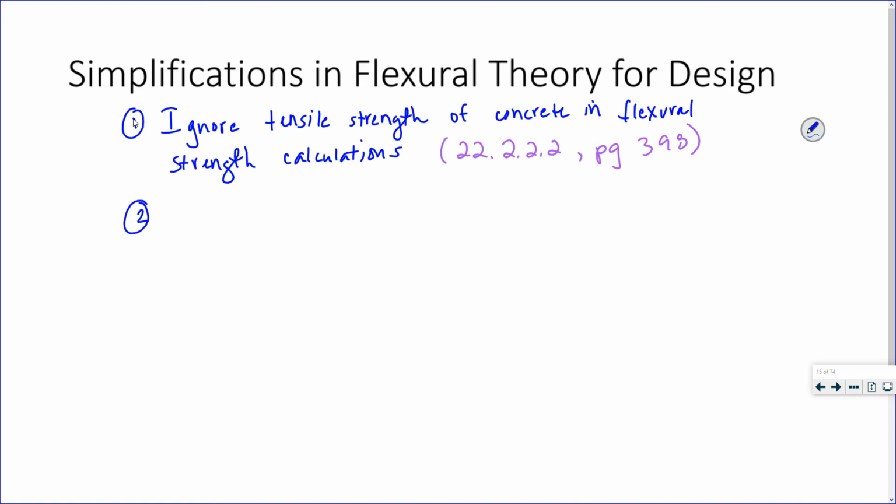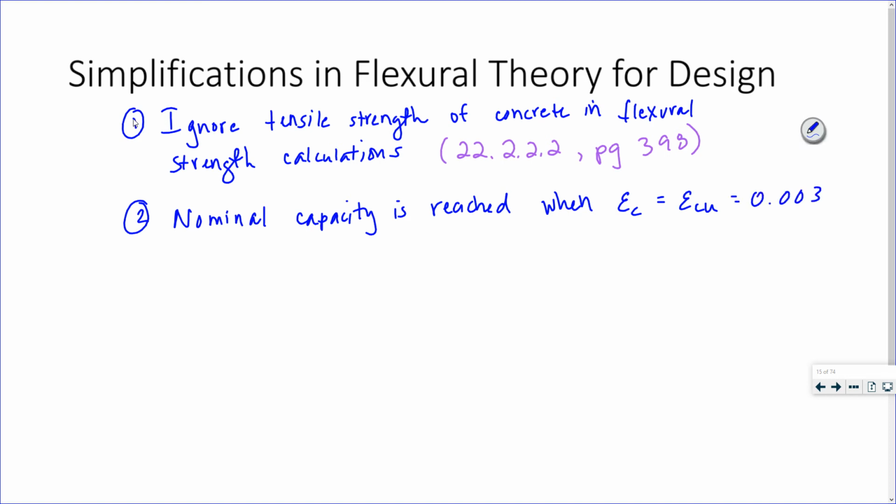Two, that our nominal capacity is reached when our strain in our concrete is equal to the maximum strain allowed in concrete, maximum compressive strain that is, which is 0.003.